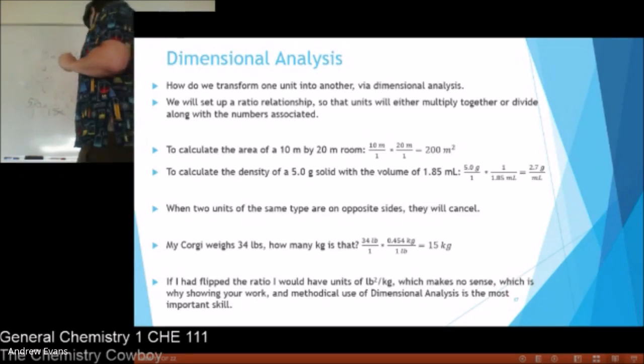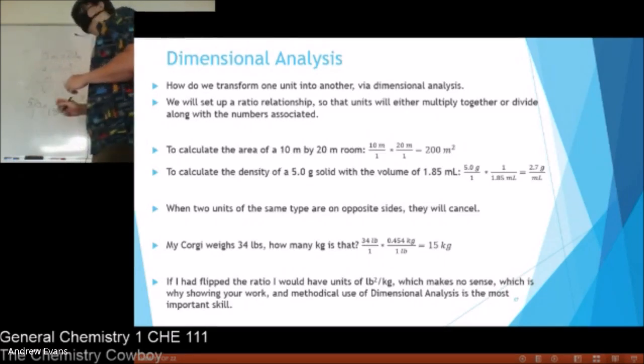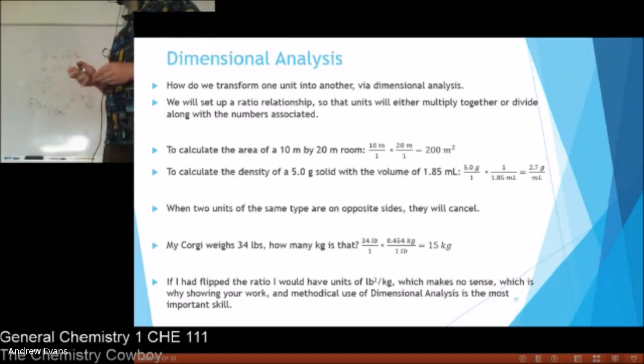So what do we get? Grams over milliliters is our final result. But what is grams over milliliters? It is the derived unit for density, because grams and milliliters are incapable of canceling each other out.